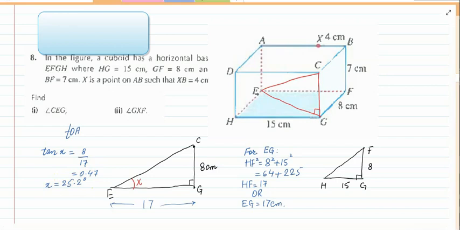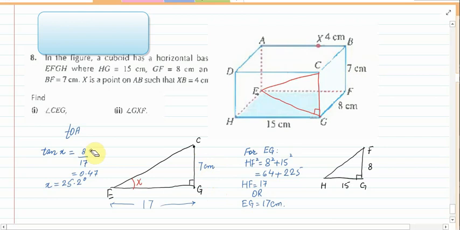That is the first answer. Now for the second part, first try it by yourself and then see what is the exact solution. Now the mistake that I had made is that the height is 7. That means the value of C to G is 7 centimeter. So it will be 7 divided by 17, right? That was a mistake. So the opposite is 7, divided by 17.